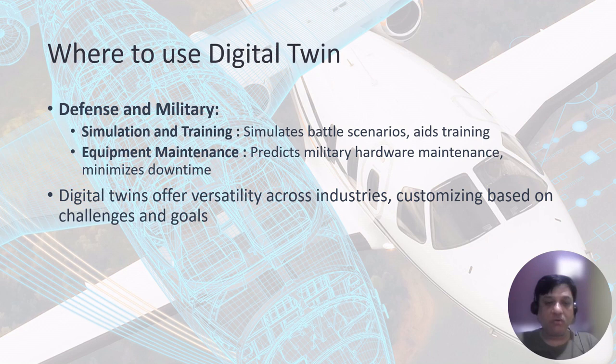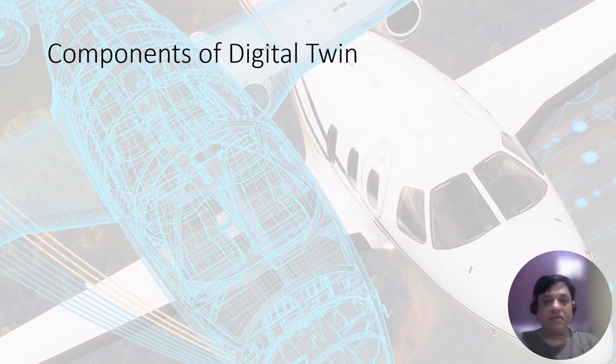And now we will see the components of digital twin. It consists of various interconnected components that work together to create a virtual representation of a physical object, system, or process. The components can vary based on the complexity and purpose of the twin.